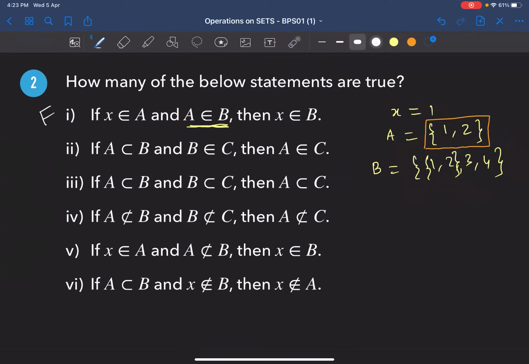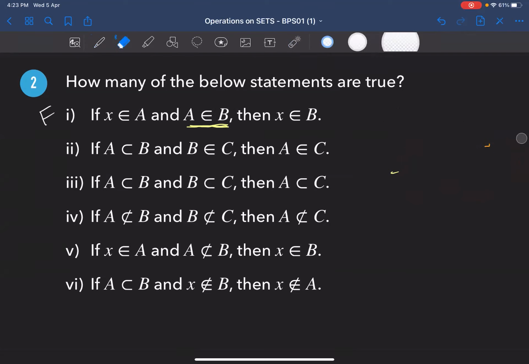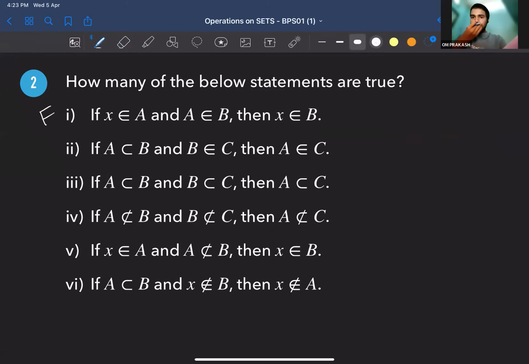Okay, so let me clear the board. Om, what do you think about the second one? I think it's true, sir. Because, suppose an element 1, 2, 3 is a subset of 1, 2, 3, 4.